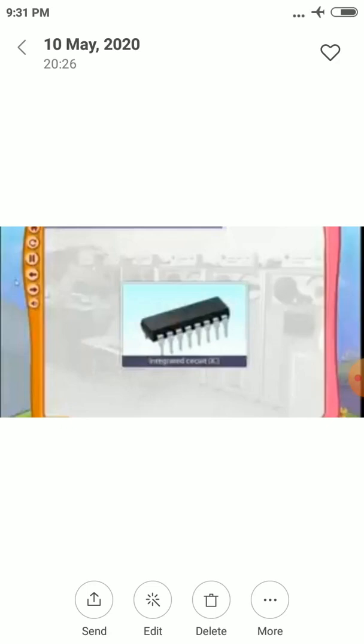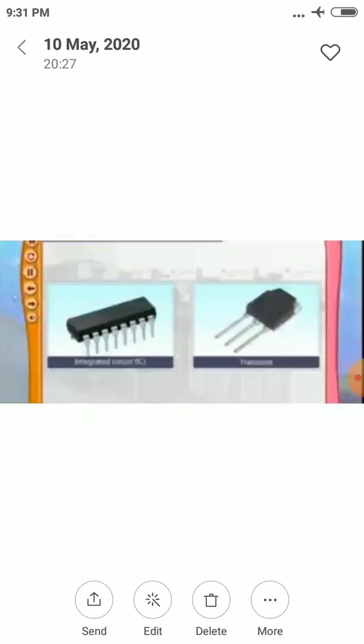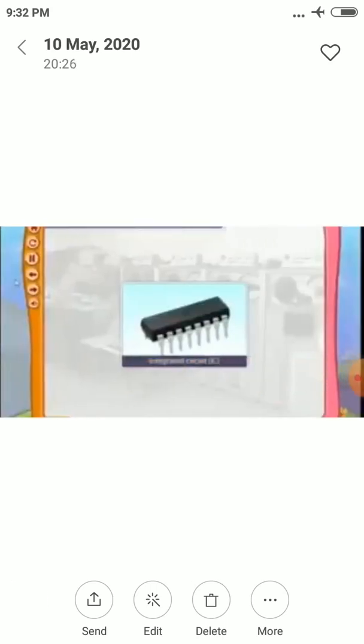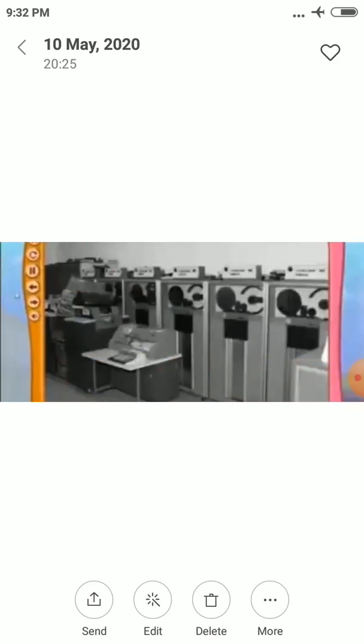An integrated circuit is as small as a transistor, but it can work as fast as thousands of them. Integrated circuits made computers faster, cheaper, and smaller than the second generation computers. They used less electricity and made fewer mistakes.